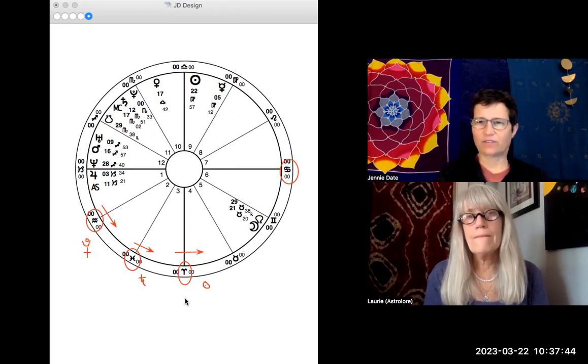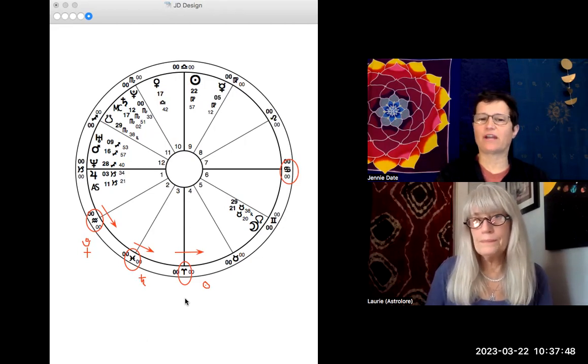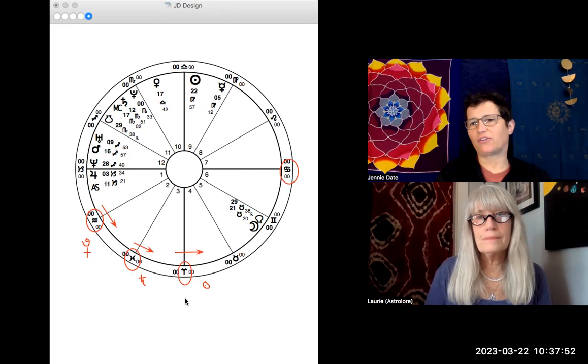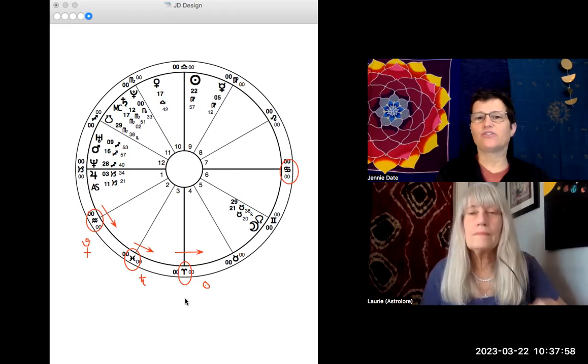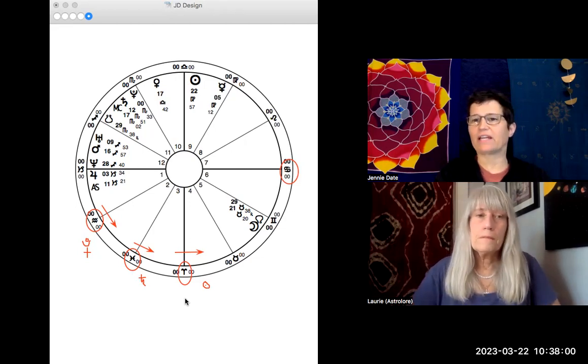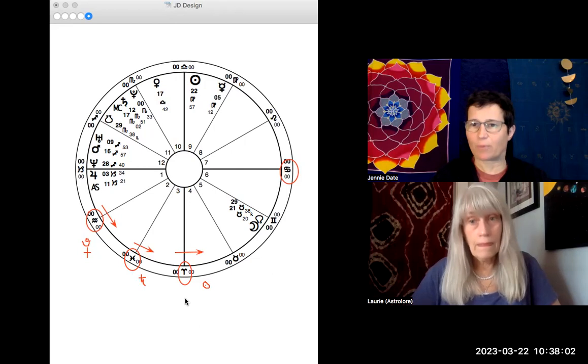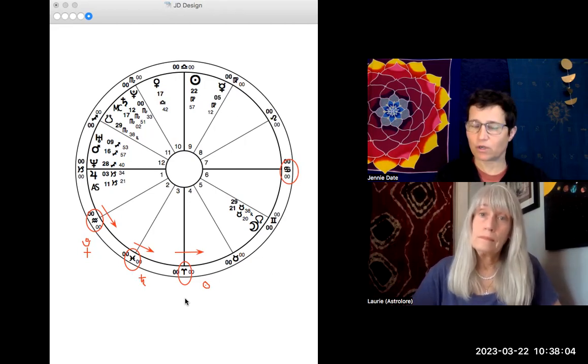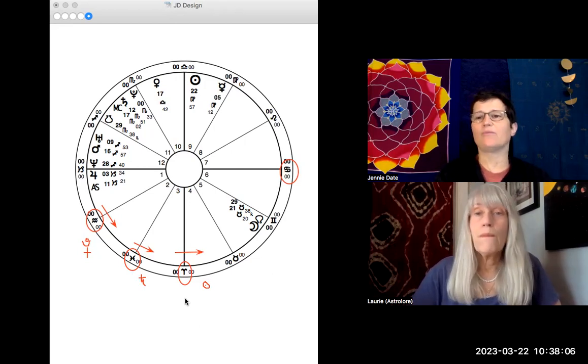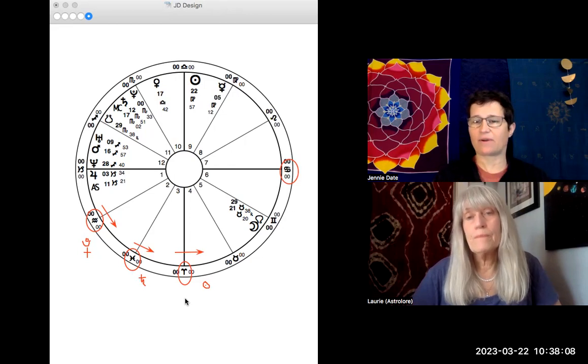Yeah, I like the way you describe that, Laurie, because sometimes people get scared. The truth of the matter is, when we're talking about these ingresses into your houses, we are talking about shifts and changes in tone. It's different if this planet is landing exactly on a very personal point in your chart. Let's say your moon. That becomes a once in a lifetime transit, as we were talking about the distinction.